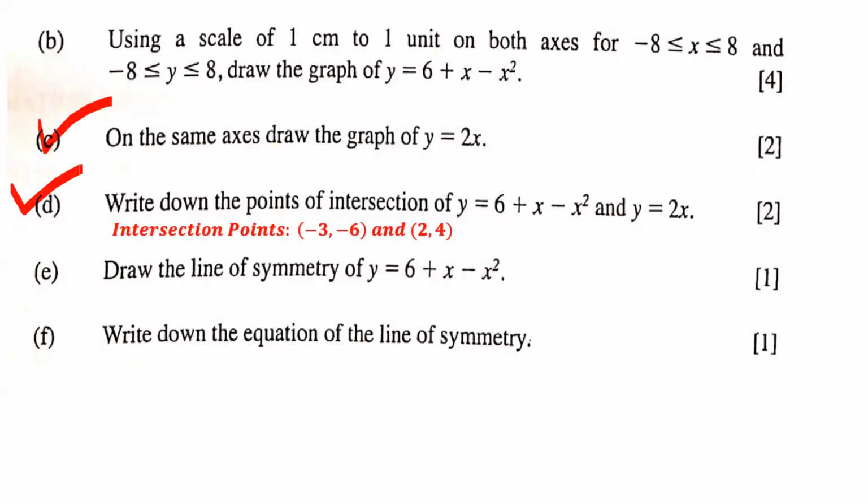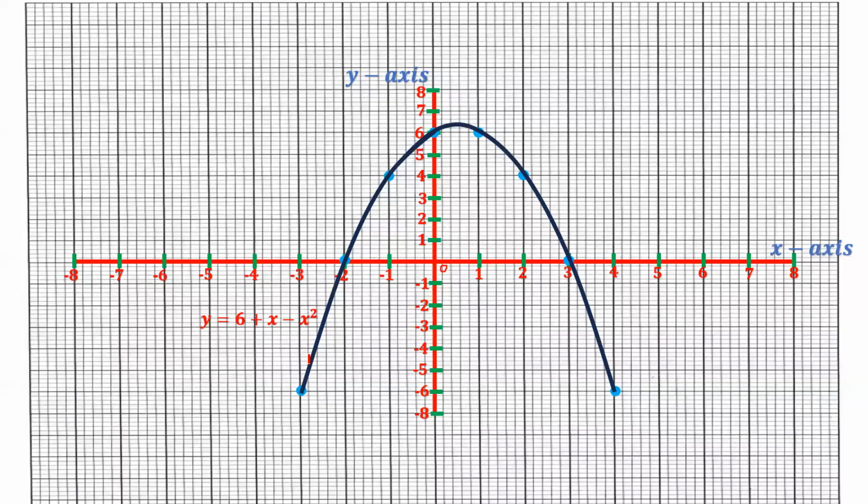We found the intersection. Now we want to draw the line of symmetry for the parabola y is equal to 6 plus x minus x squared. The line of symmetry cuts the parabola exactly in half. If we look at this parabola, where is it going to be cut in half? Right here. You see that line?